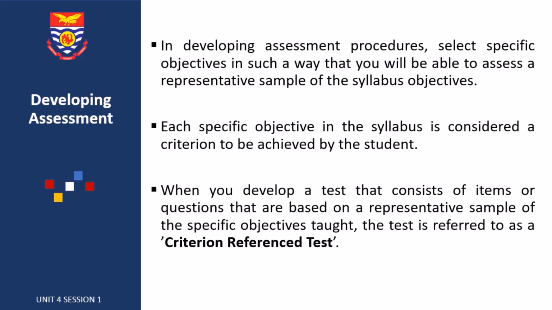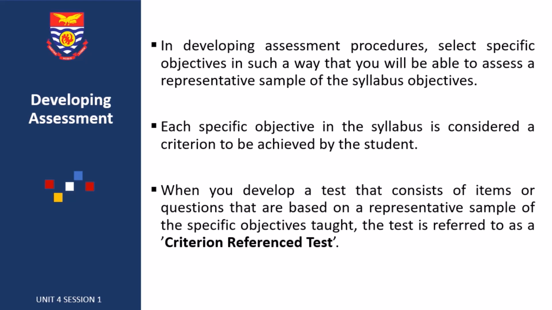When you develop a test that consists of items or questions that are based on a representative sample of the specific objectives taught, the test is referred to as a criterion reference test. Because the test is based on the specific objectives, that is the criterion, that is the reference point.